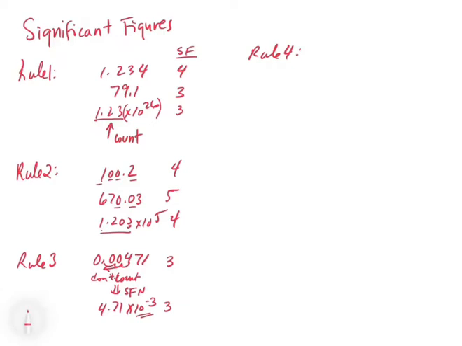Let me show you what I'm talking about with number 4. For example, if we have 12.30, this 0 counts, because what we're basically saying is this is 12.3, and then we have this 0 here. This is saying that the instrument could have read off a 1, 2, 3, 4, 5, or 6 here. It just didn't, because it read 0.